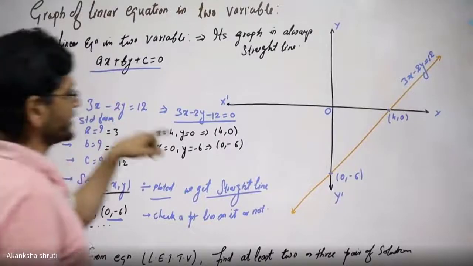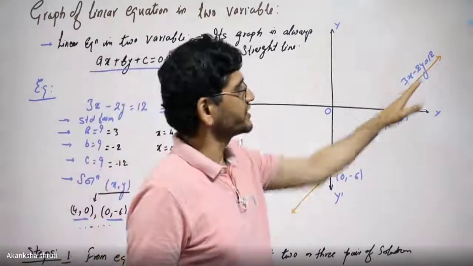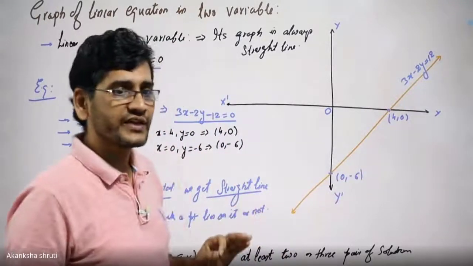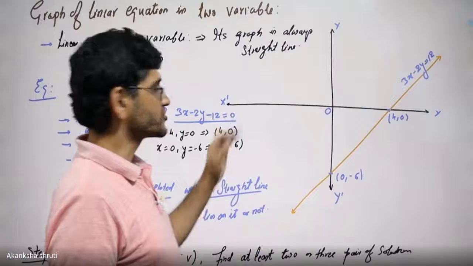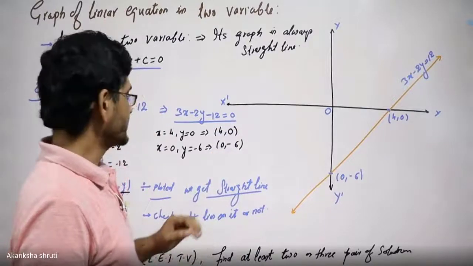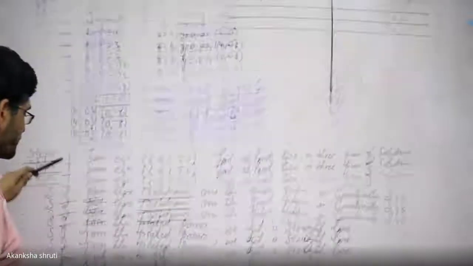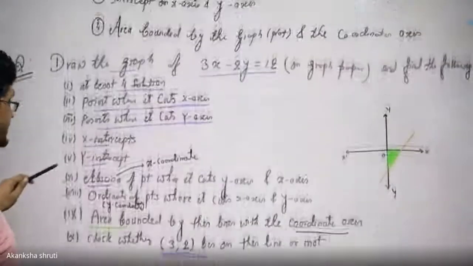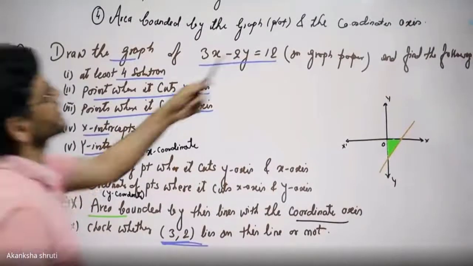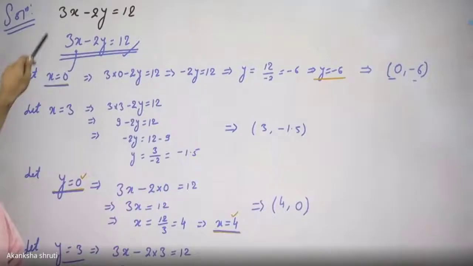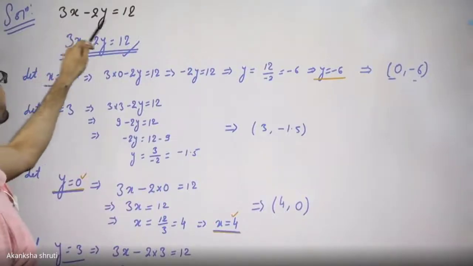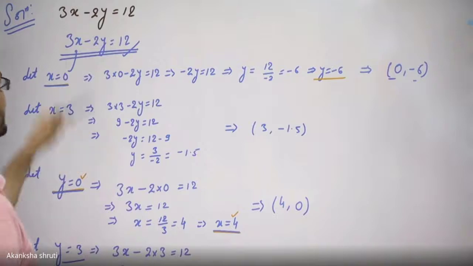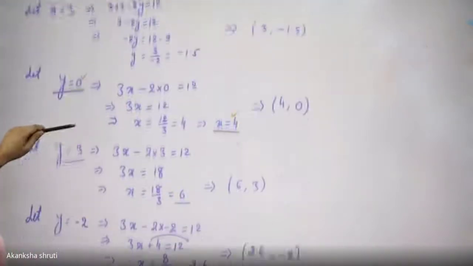Students, for plotting the graph of a linear equation in two variables, first we need to tabulate its solutions. Then after tabulation, we have to plot them on the coordinate system, and from that we can get various things. Like here, the equation was 3x minus 2y equals 12. We had to plot its graph and answer various things.